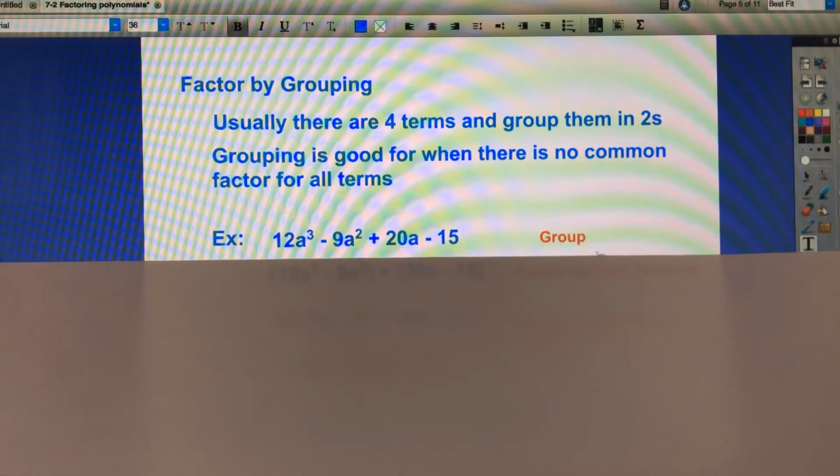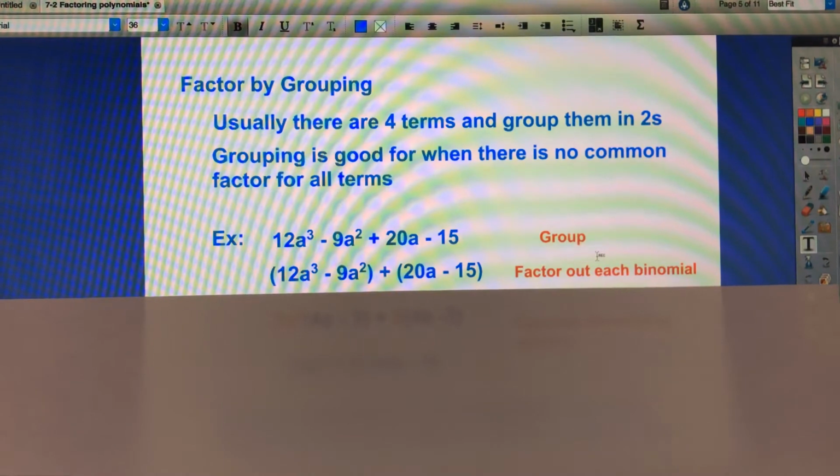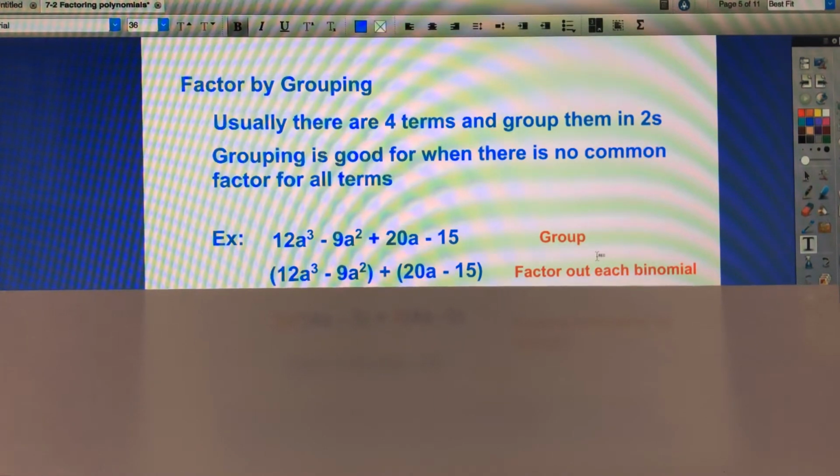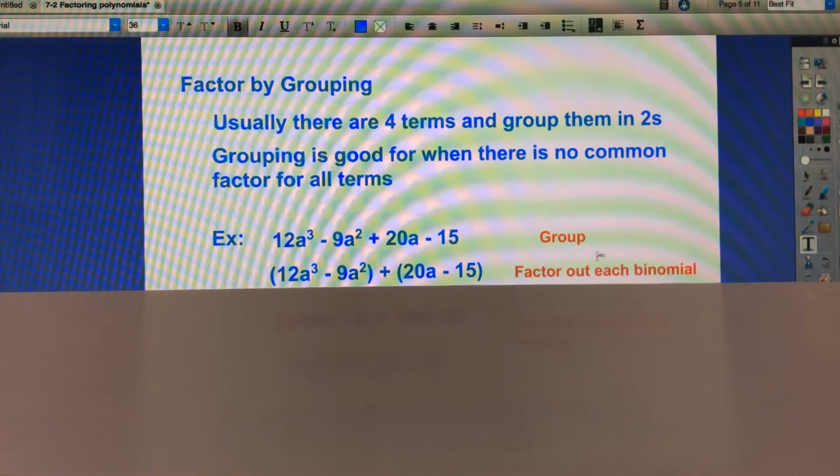Nothing goes into 12, 9, 20, and 15 evenly. So I'm going to group it. I take my first two because I know that 12 and 9 have a common factor. I know that 20 and 15 have a common factor.